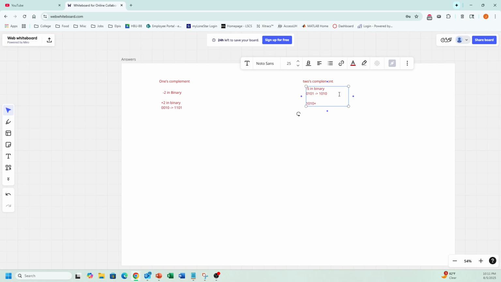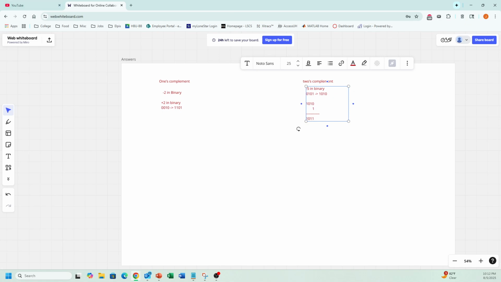Then I add 1 to it. So 0 plus 1 is 1, then carry the 1 over. So this is the 2's complement of negative 5.